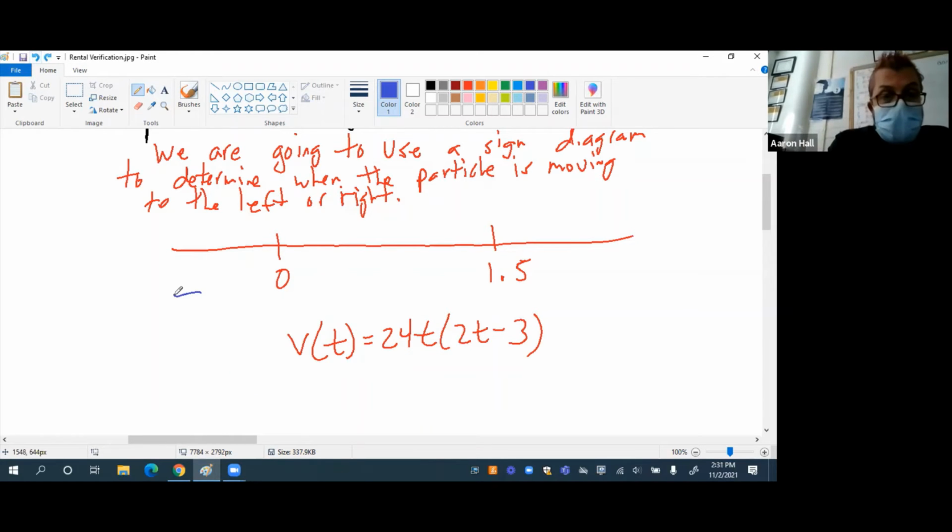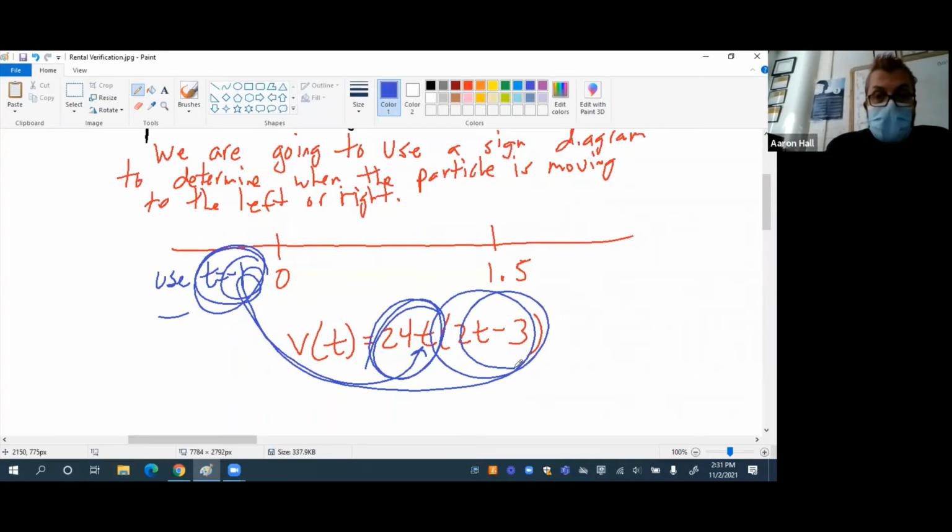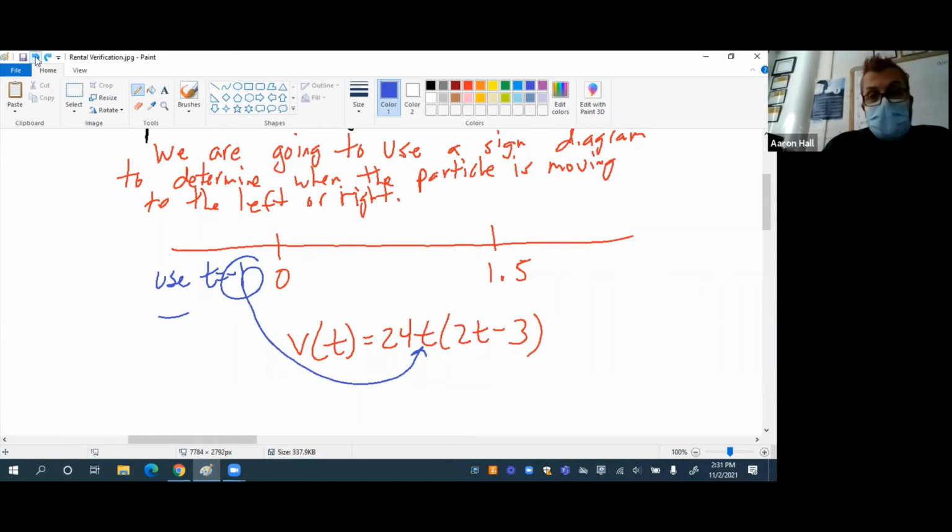If I plug negative 1 into here, is this positive or negative? I get negative. So let's use t equals negative 1. If I plug in negative 1 here, this becomes negative. If I plug negative 1 in here, is that positive or negative? Yeah, this is going to give me a negative value minus another value, which is a negative. So I have a negative times a negative, which is a what?